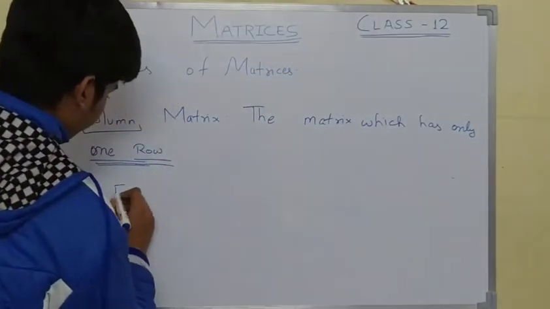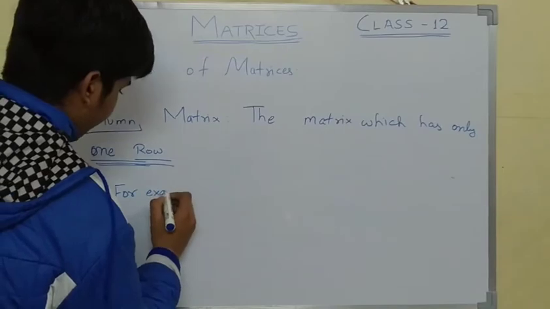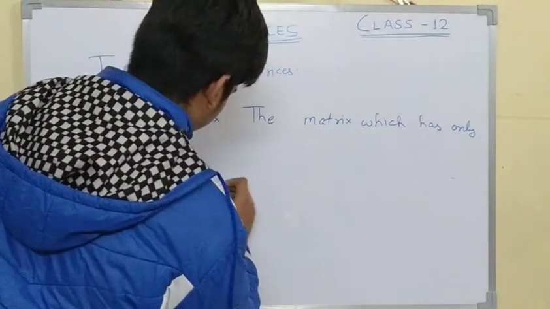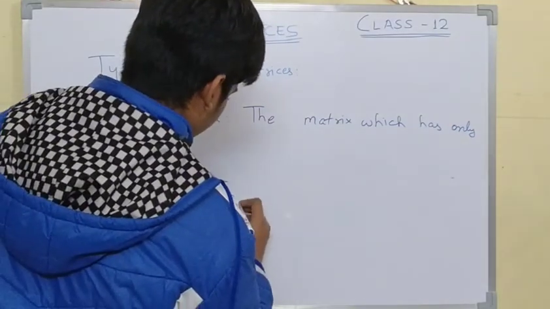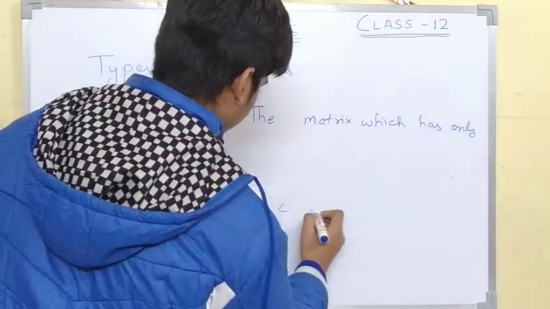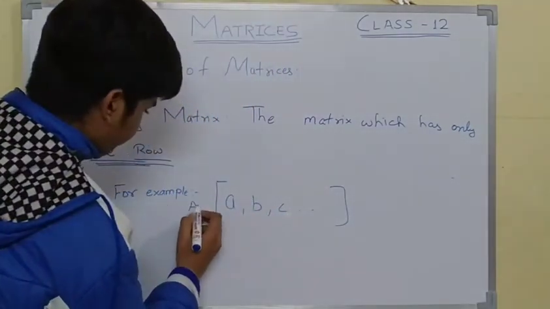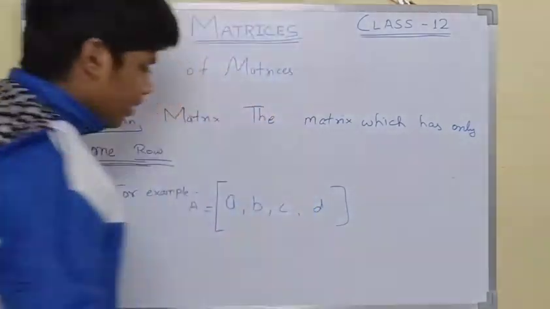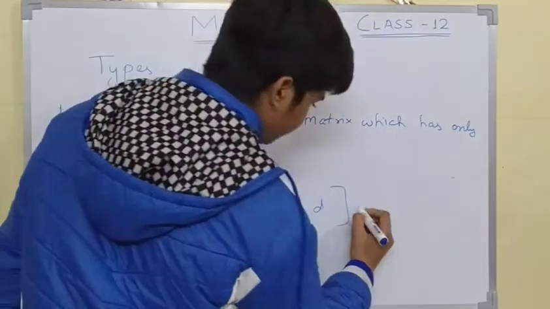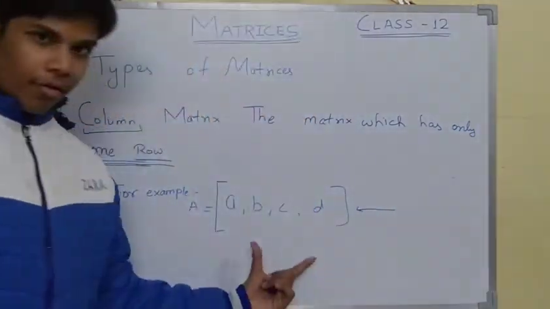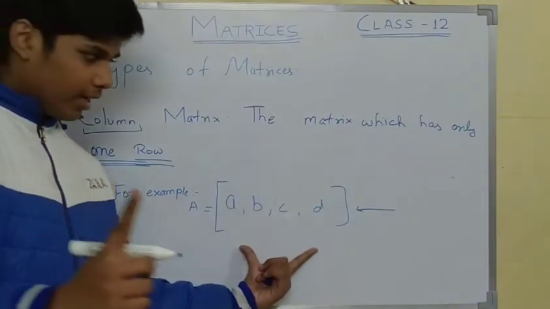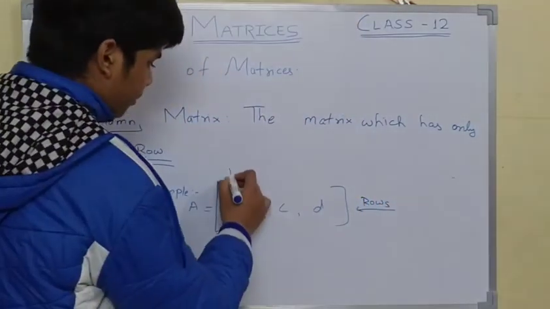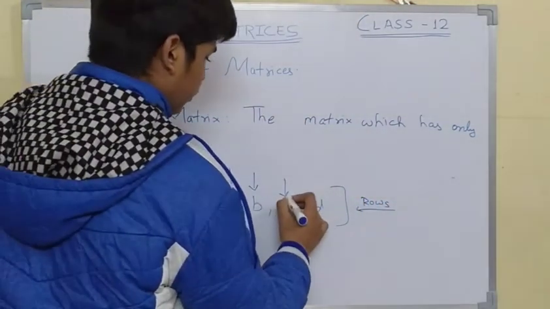For example, if we take A, B, C, and D, here we can clearly see that the number of horizontal lines is only one, so the number of rows is 1, and columns 4.